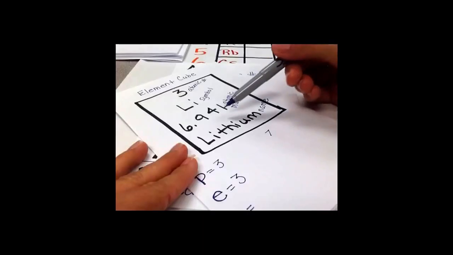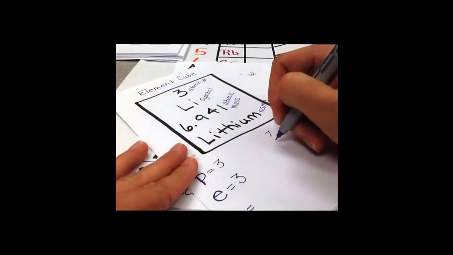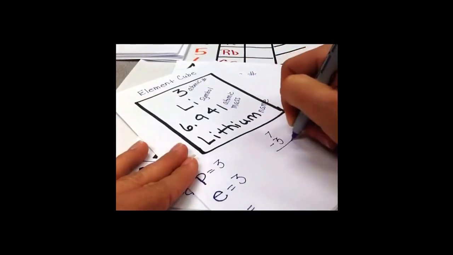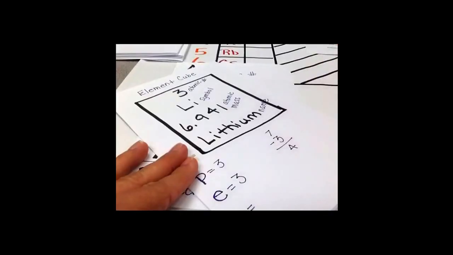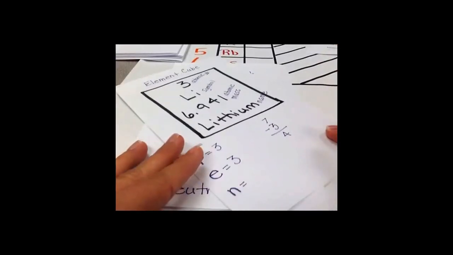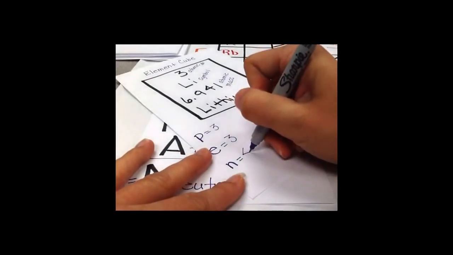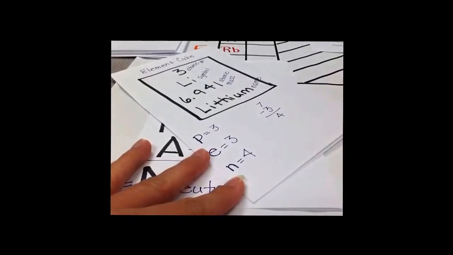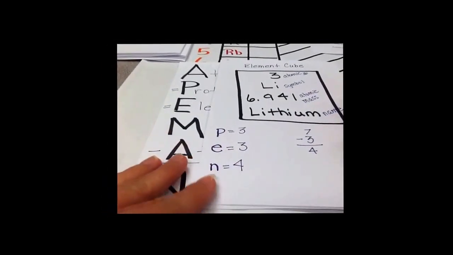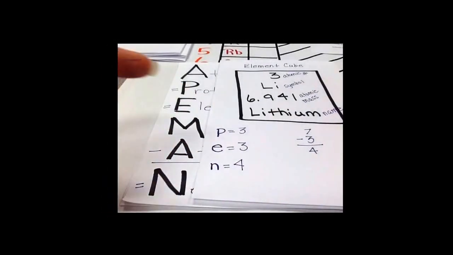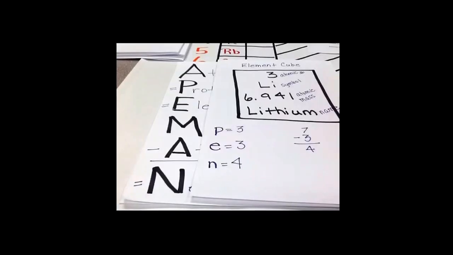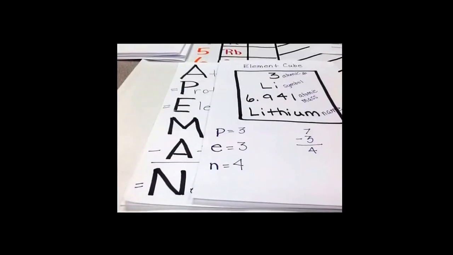Then we will subtract our atomic number, and we get 4. So we have 4 neutrons. So our PEN, or protons, electrons, and neutrons, in a single atom of lithium is 3 protons, 3 electrons, and 4 neutrons.